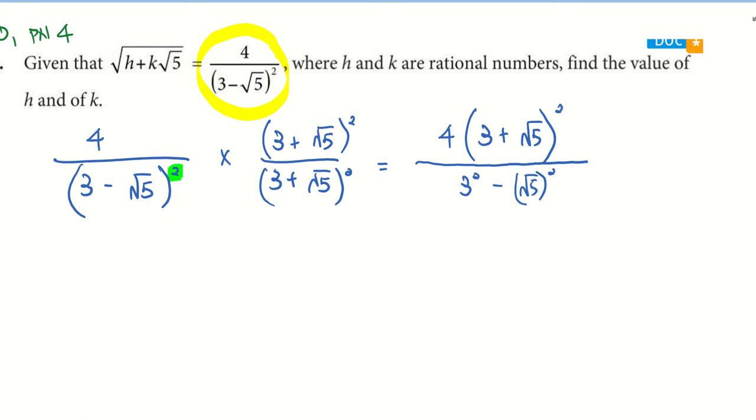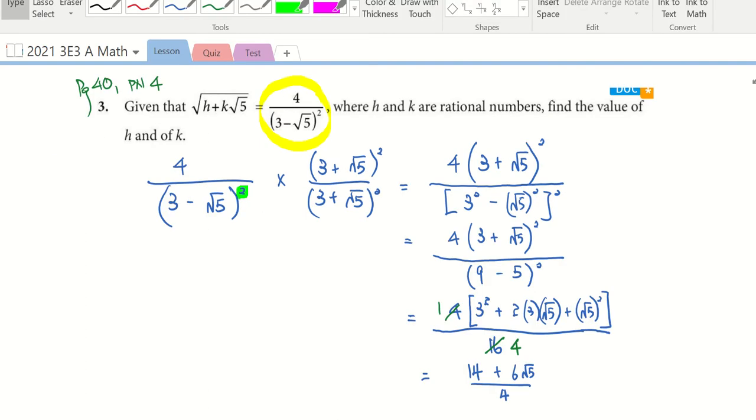But Kaden just now said we square the conjugates, right? So I write a bracket square on the outside. So what we have done so far is I simplify the right hand side, rationalize the fraction. And we have this. So from here, we obtain this.